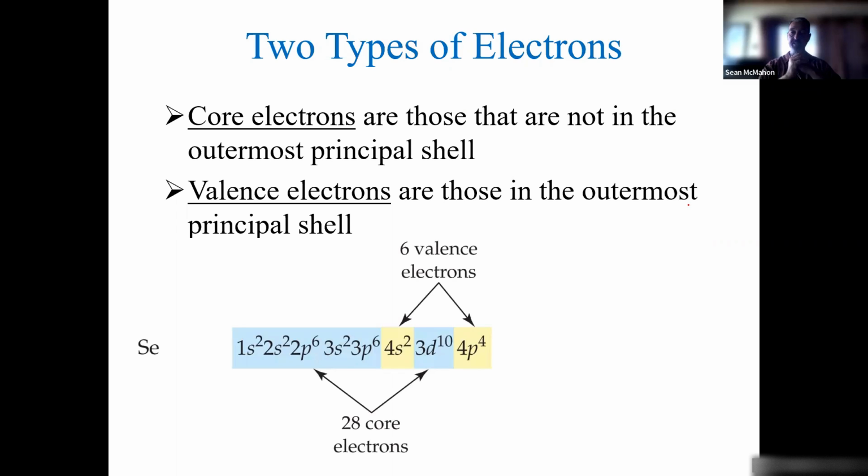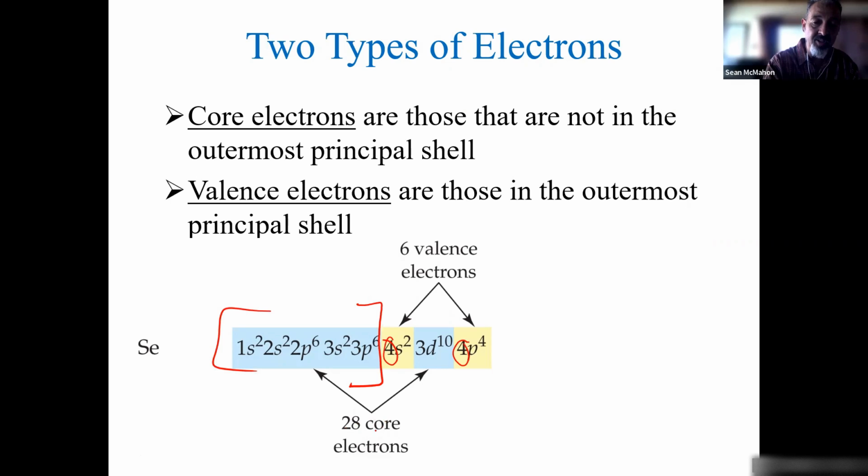So with selenium, it's in the 4th energy level, in the P block, in the 4th position. Okay. When I look, the highest energy level associated is with the 4th. Okay, the 4s. So I like to say that all of these are your core.